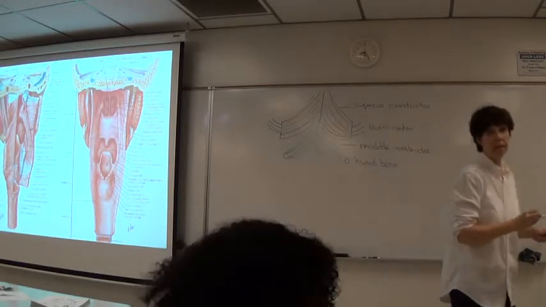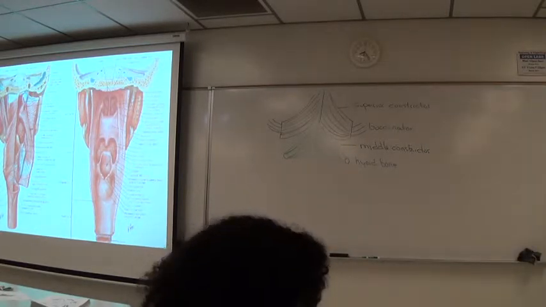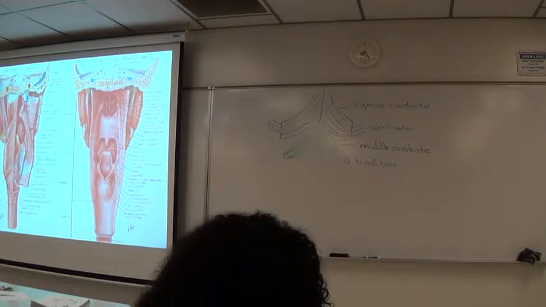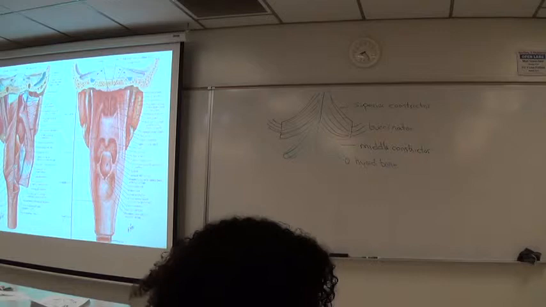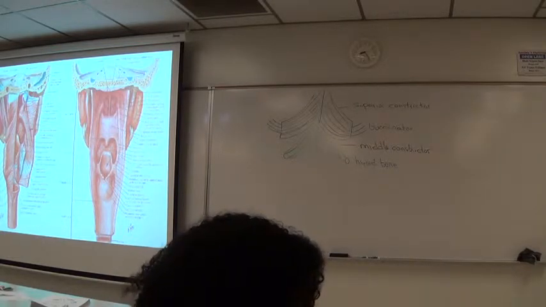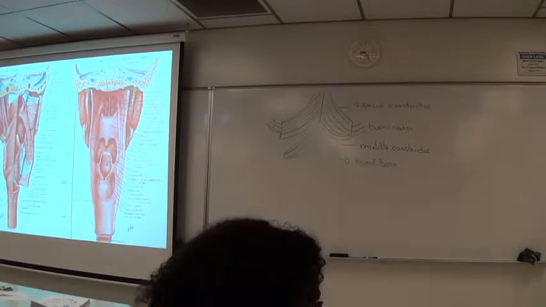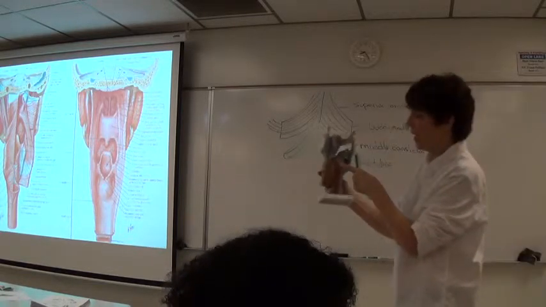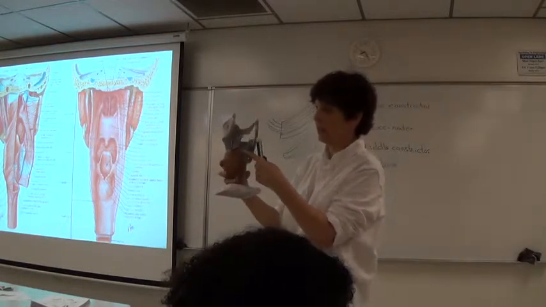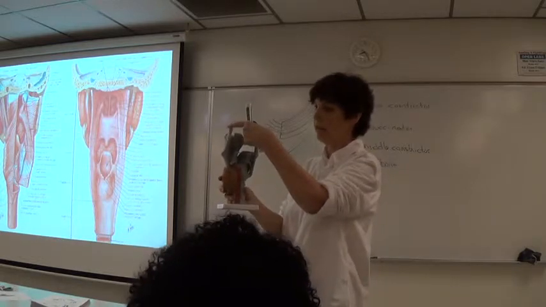Where these are all skeletal muscles. So swallowing is a voluntary movement, although it's a reflex. So once we get the food into the oropharynx, the rest of that is voluntary. So what you're seeing here is the inferior constrictor, but here's the hyoid.